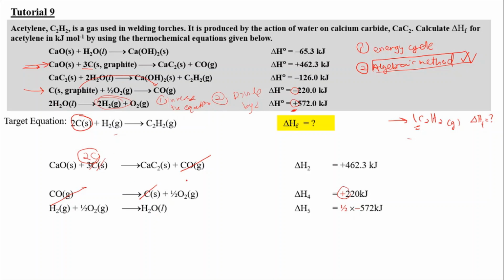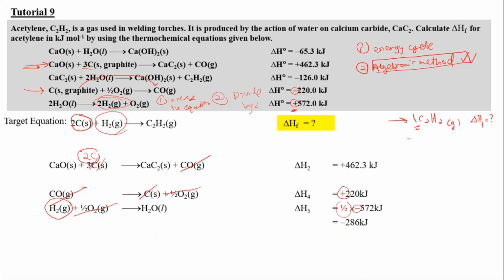Then I divide by 2 so that I get 1 hydrogen gas, the same as the target equation. So I divide by 2 and inverse that. The enthalpy for equation number 5 is negative 286 kilojoule. And as you can see here, half oxygen and half oxygen can be cancelled out.